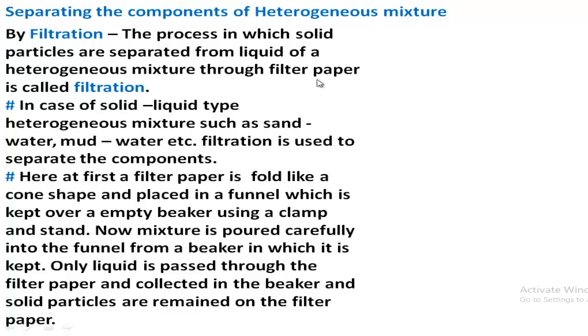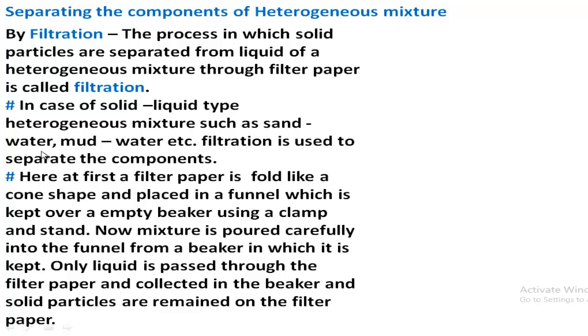This is the mechanism of filter paper. In case of solid-liquid heterogeneous mixtures such as sand water, mud water, or chalk powder water mixture, you know that sand, mud or chalk powder are not soluble in water, so they are not a homogeneous mixture or solution. They are heterogeneous mixtures.